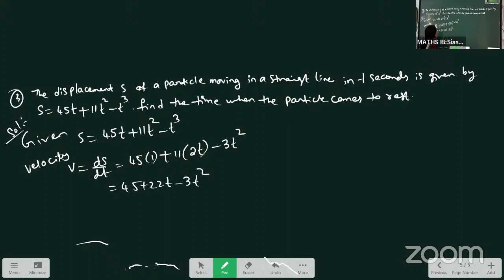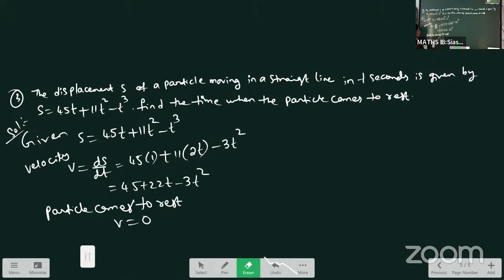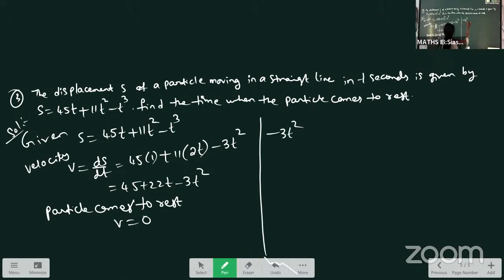Now, when particle comes to rest, v is equals to 0. So when v is equals to 0, what is the time he is asking? Write in the proper order: minus 3t square plus 22t plus 45 is equals to 0.